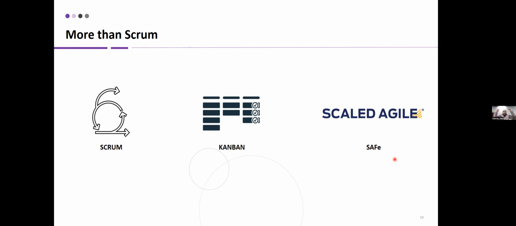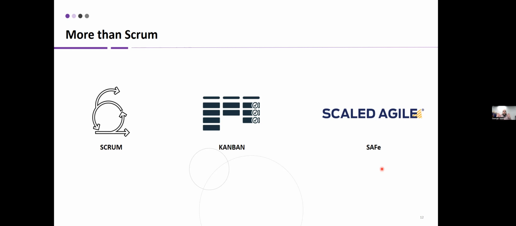The higher up you go in terms of scaling, the more complex your reality is going to be, the more challenges you will face, and the less flexibility and agility you're going to have. So how can we bring in the most agility in these highly structured levels of the organization? That's what Scaled Agile is more concerned about.